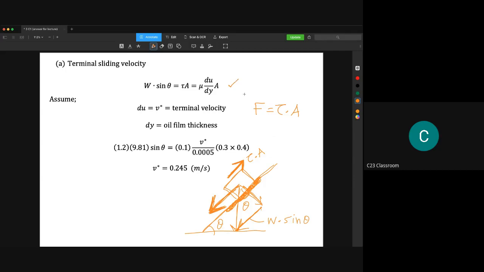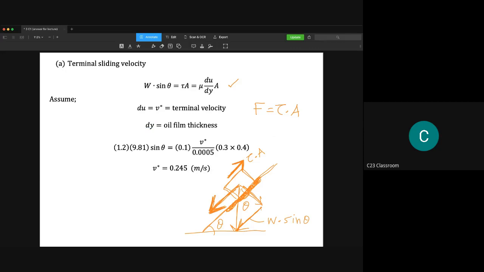To calculate the terminal velocity here, we assume du means the change of velocity, so du is equal to v star, the terminal velocity, and dy is the gap or the oil film thickness. We substitute the values that we have, and we can calculate that the terminal velocity is 0.245 meter per second.